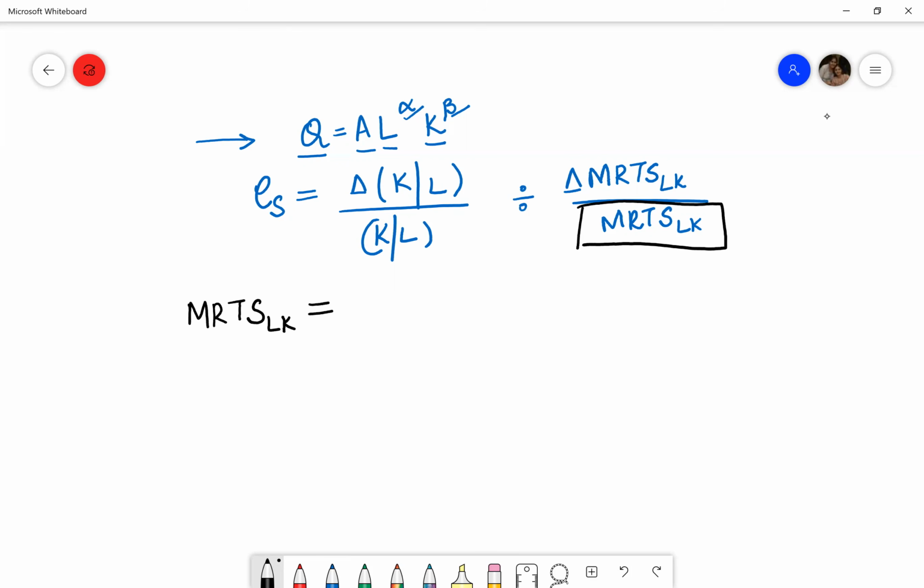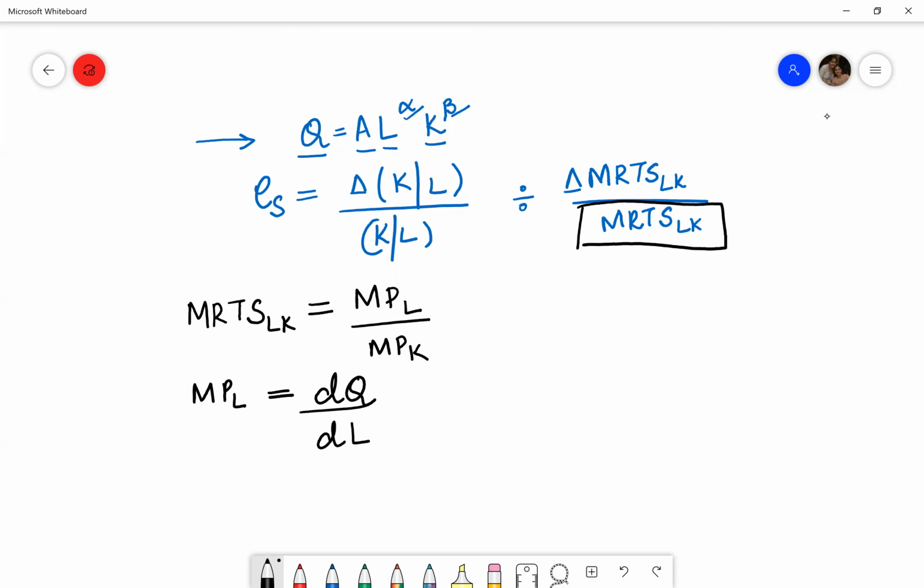Now MRTSLK is equal to your marginal productivity of labor divided by your marginal productivity of capital. Now, the marginal productivity of labor is calculated as the first differentiation of your production function with respect to labor.